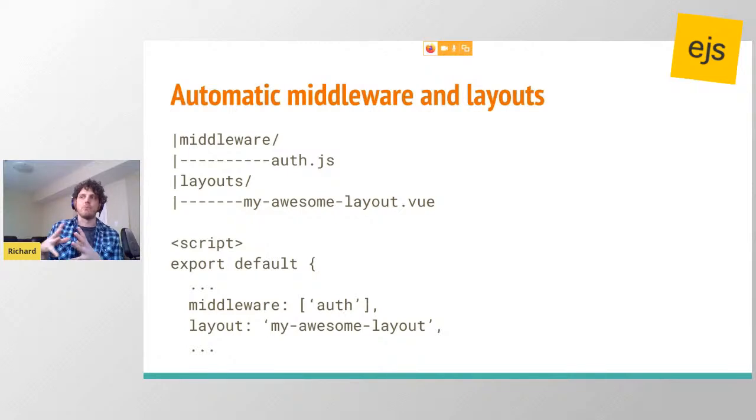Because the project structure includes these, there's no importing. Just the string we use has to match everything before the extension. So super simple. You got your layouts, you got your middleware, you've got your routes. All you need to do is stick to the directory structure and plug in a few keywords or attribute names.